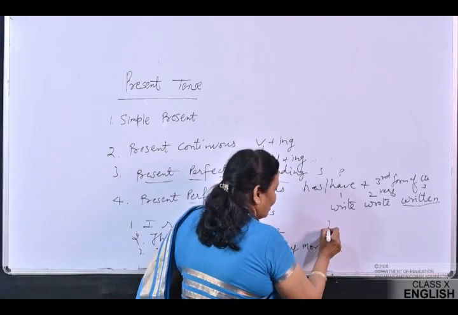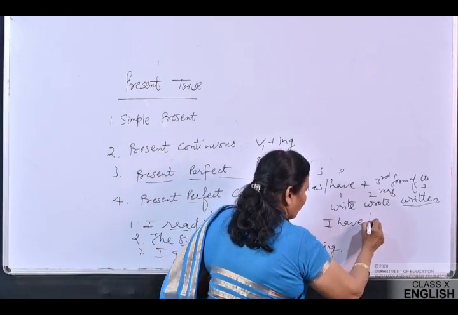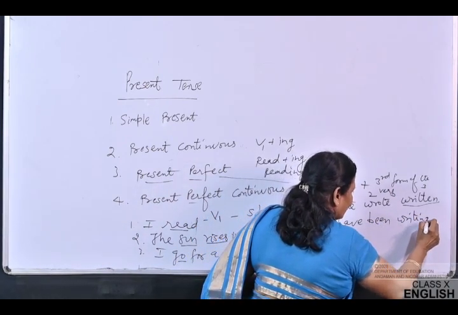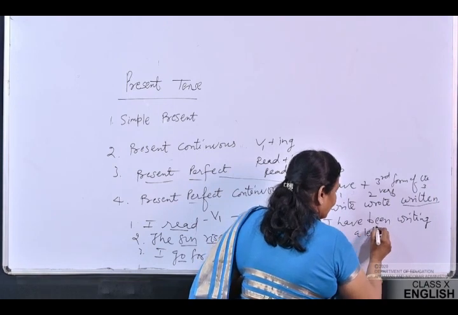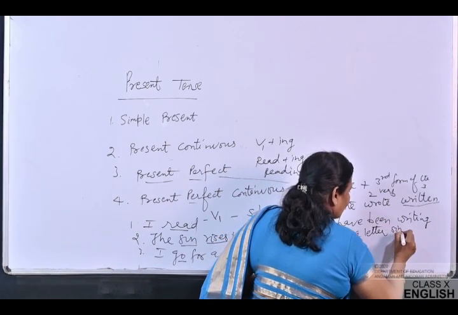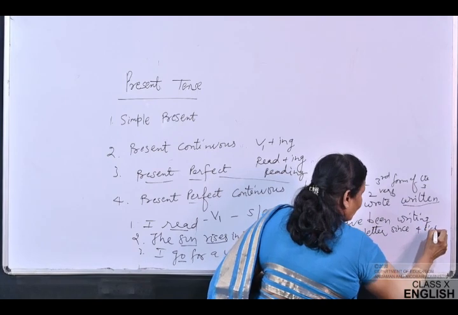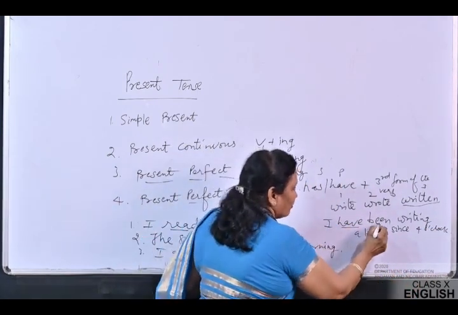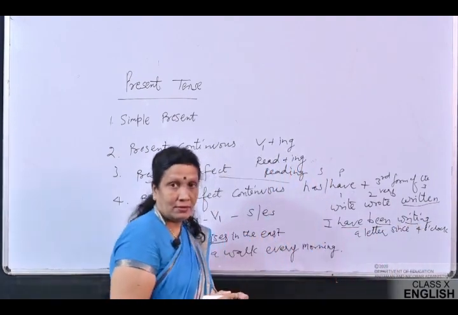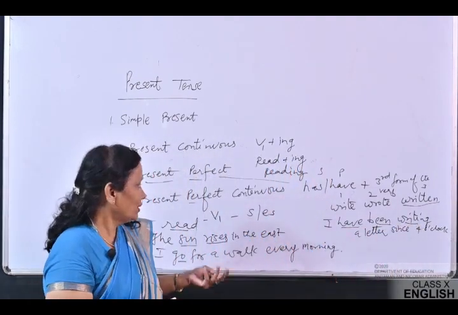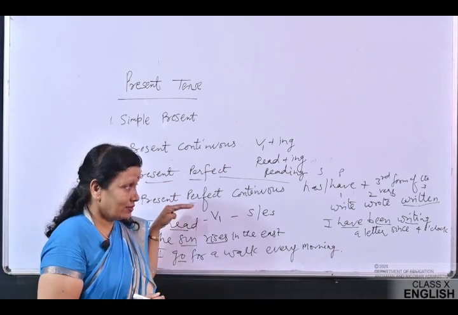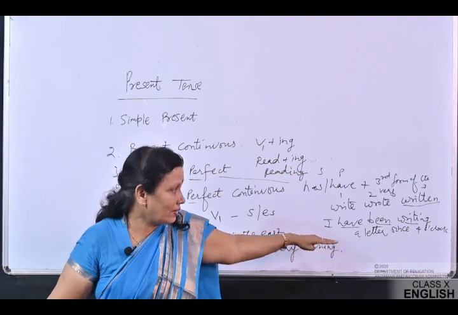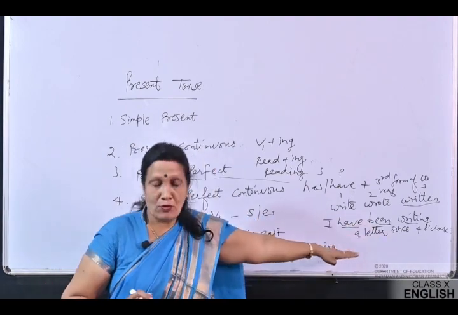So, for example, I have been writing a letter since 4 o'clock. Okay? Have been plus verb plus ing form. That means I started writing the letter and I am still writing the letter. I have been writing a letter since 4 o'clock.